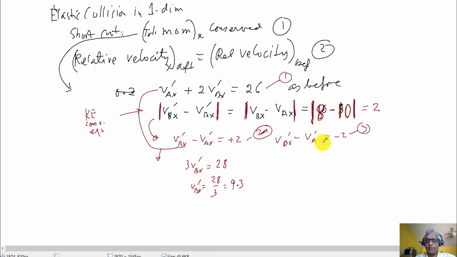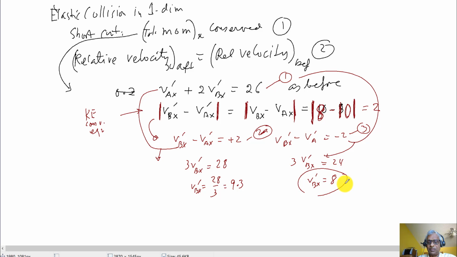9.3. And if I do this for the other case, when you add, you get 3 VBX prime equals 24, and so VBX prime equals 8. So this corresponds to the pair you started with, VBX prime equals 8 and VAX prime equals 10.